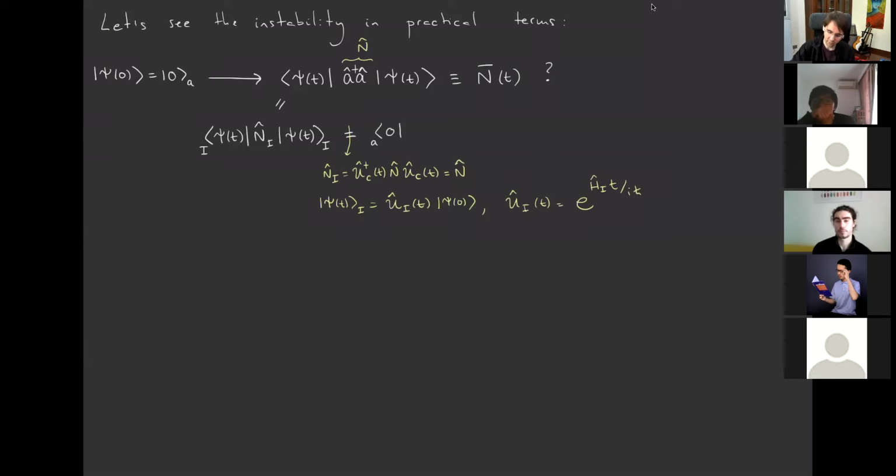So we have the state at time 0, then the evolution of that state in the picture we are working with, then the operator n, and then the same for the ket instead of the bra. But this is very nice because, as you see, this part in here and this part in here are Hermitian conjugates.